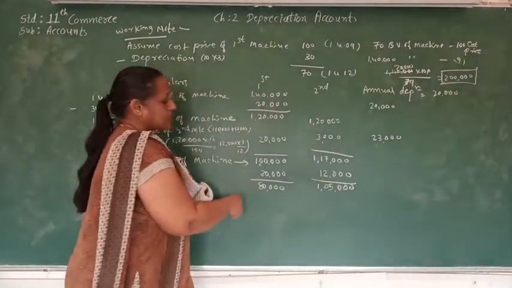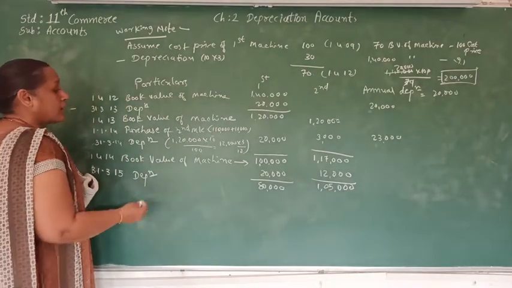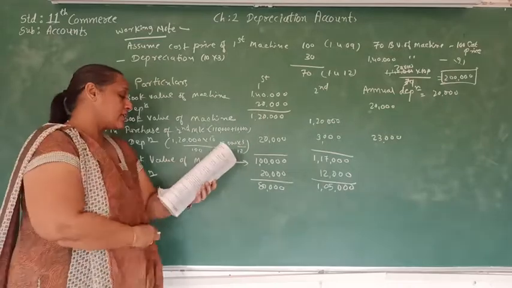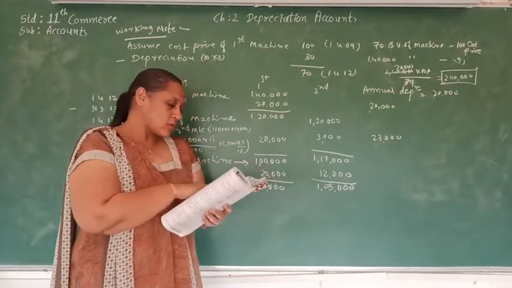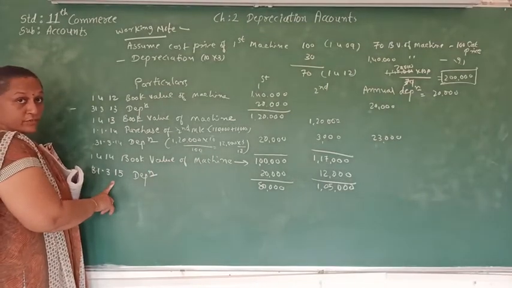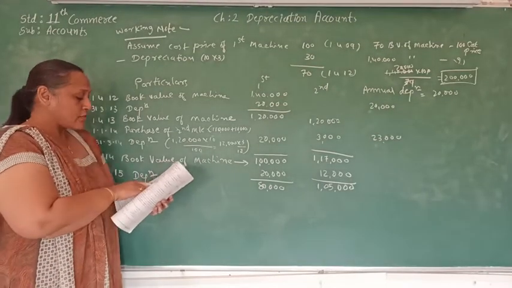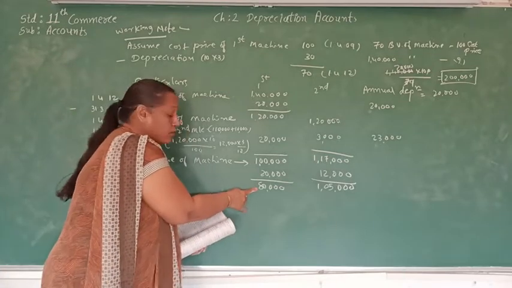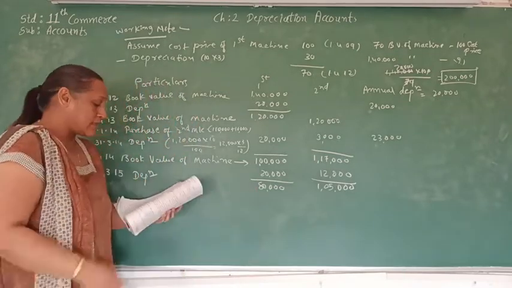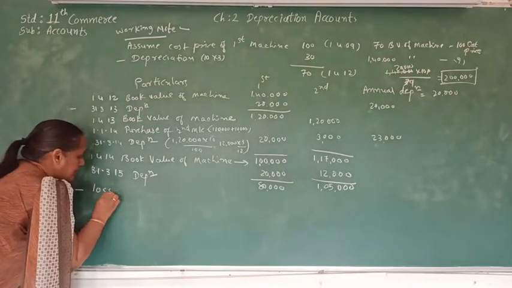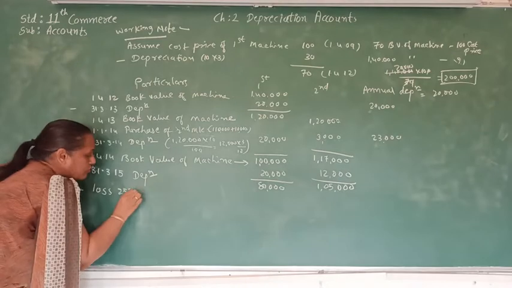Now this is the end of the third year, and we have to sell the first machine as it is given in the sum. That first machine was sold on 31/3/15. So here we are on 31/3/15, and there is a 25% loss on book value. So we have to calculate the loss, which is 25% of book value.